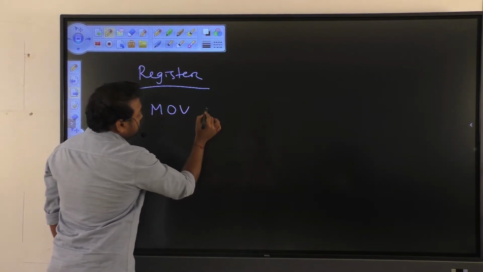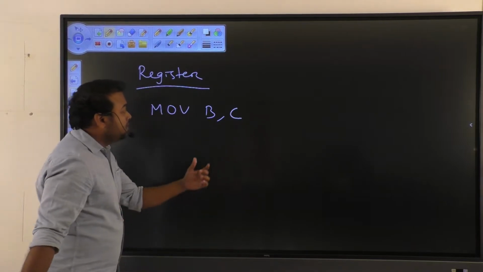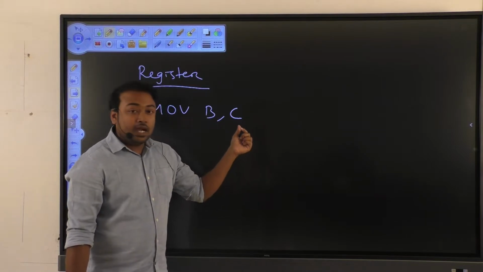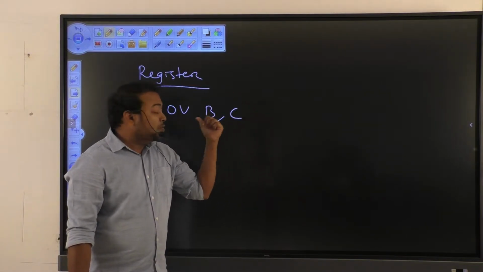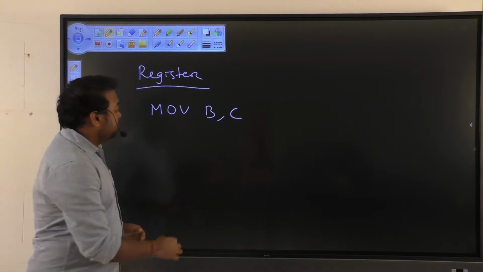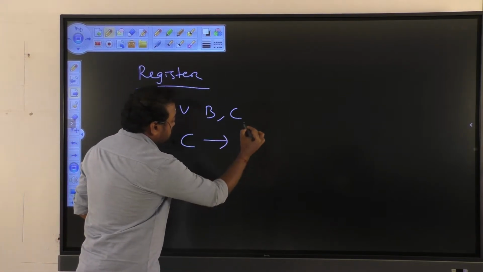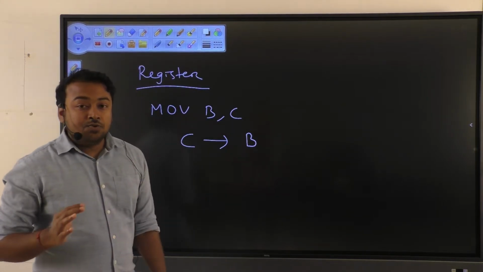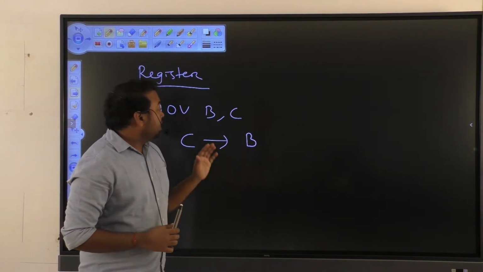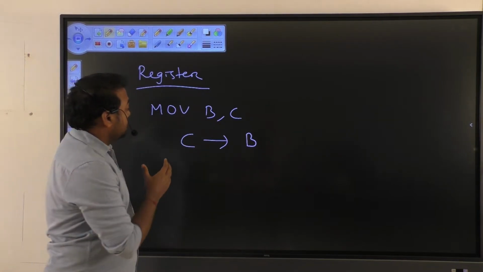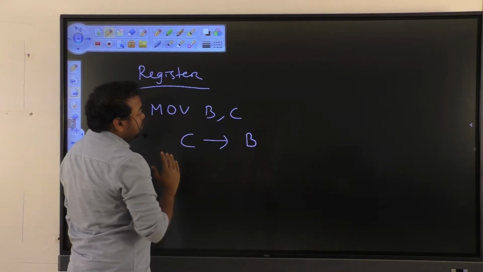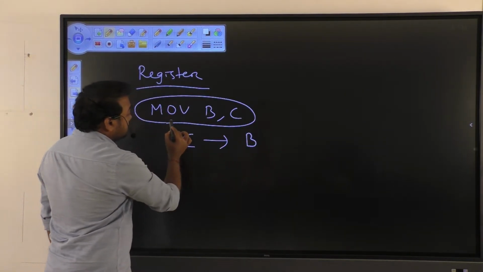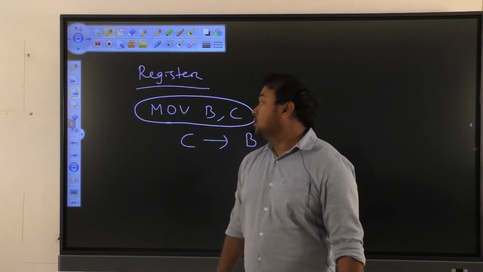MOV B, C means the data present in register C is moved to register B. Here the user cannot identify the operand, but the machine cycles or bytes required for the instruction are fewer, because the register is within the microprocessor.